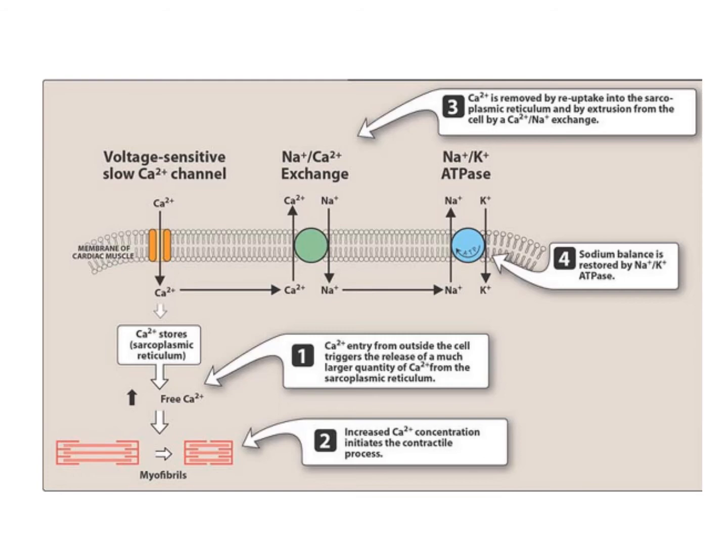Also, there is regulation of the level of calcium by so many pumps present within the cell membrane of cardiomyocytes, like the sodium calcium exchanger and the sodium potassium ATP pump.